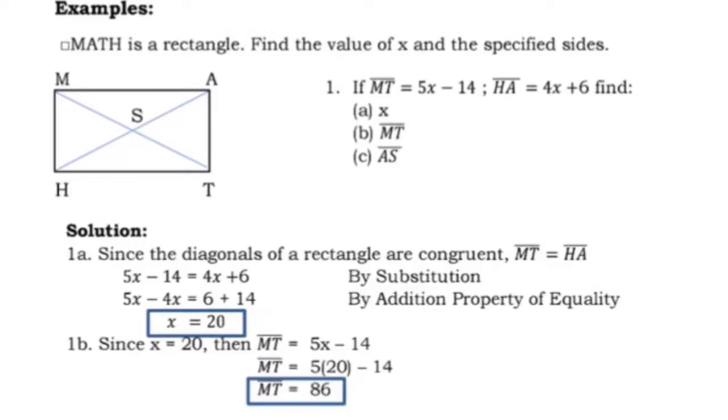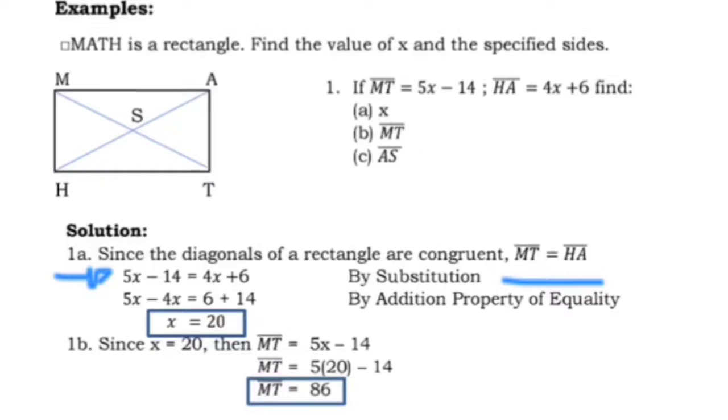For our solution, since the two are equal, we can have line segment MT equals HA because they are diagonals, and diagonals are congruent, or they have equal measurement. So we can have 5x minus 14 equals 4x plus 6. Combining like terms, transpose 4x to the left side, it will become negative 4x.